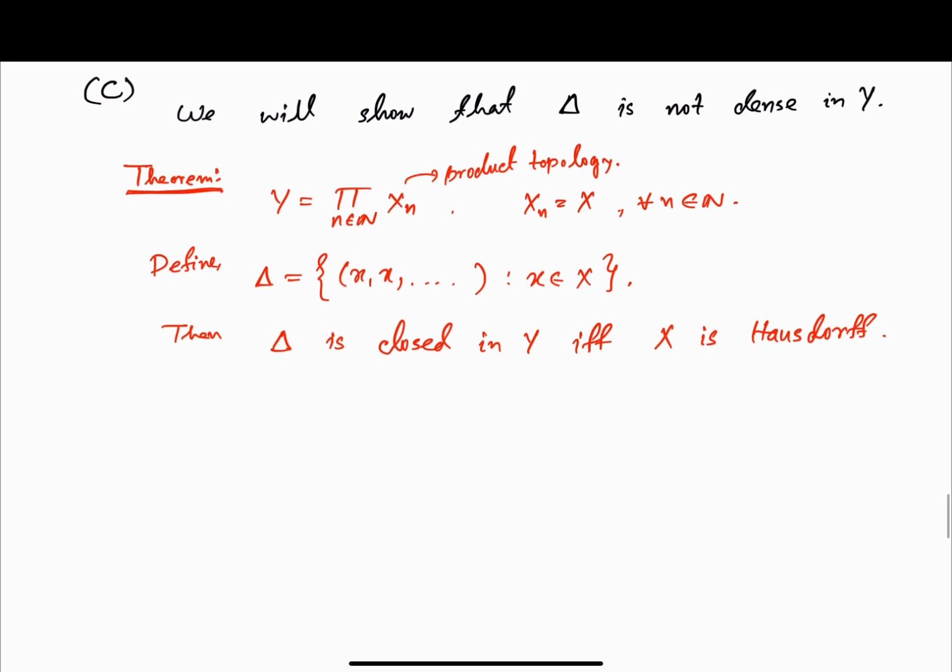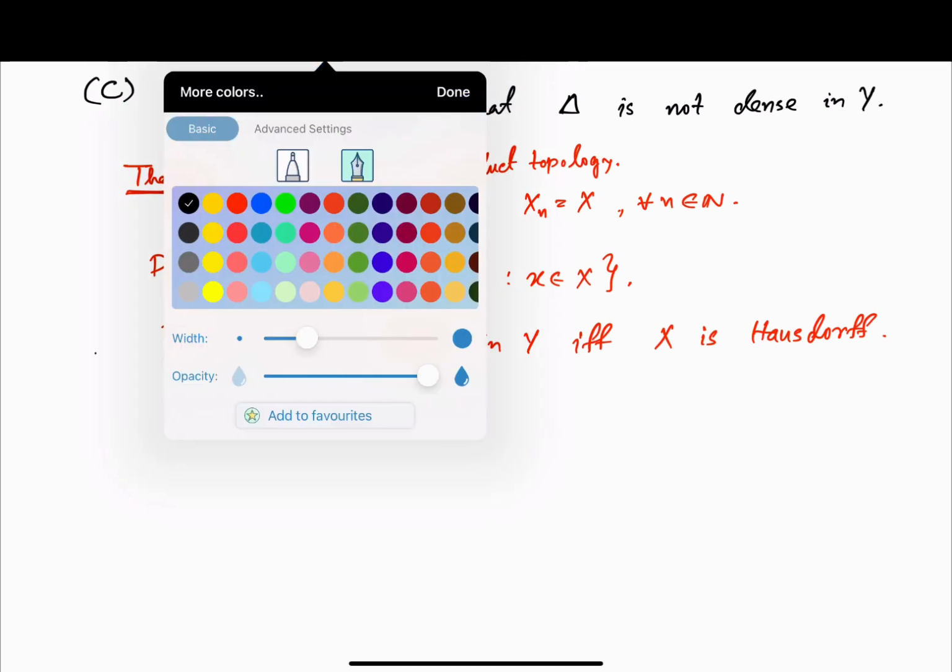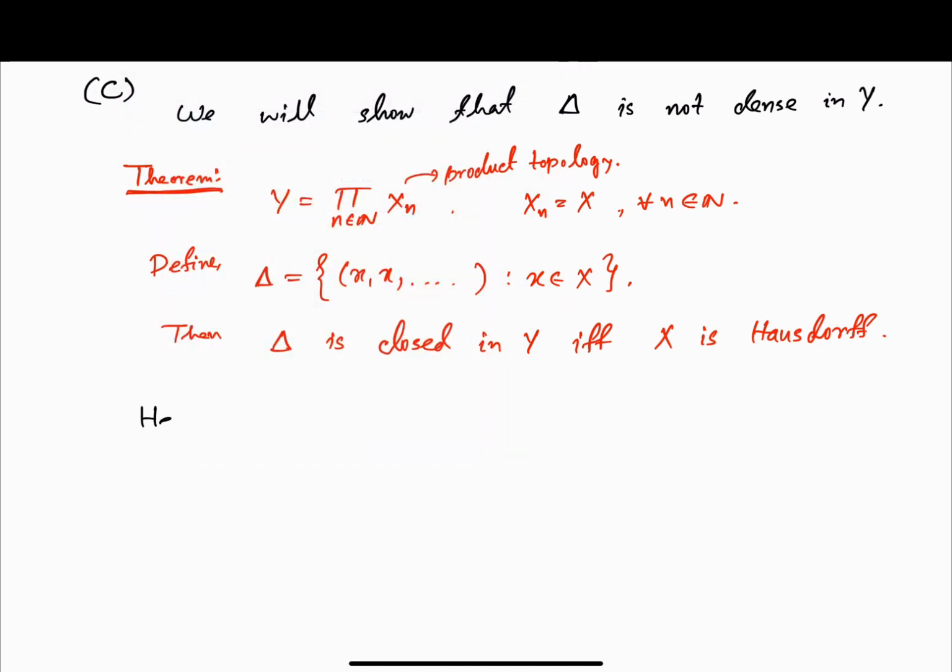Right. So in our case, this is the R. So here Y is basically the product of X_n, and X_n are basically R for all n, and R is Hausdorff.